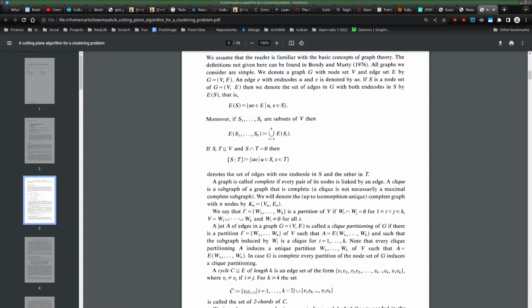So A are the edges that we want to sum up, and it's called a clique partitioning of G if there exists a gamma of subsets, cliques basically, such that each W is a clique. Okay.